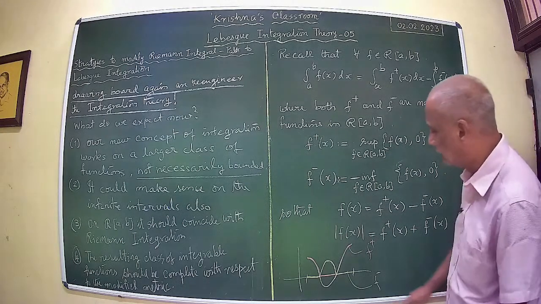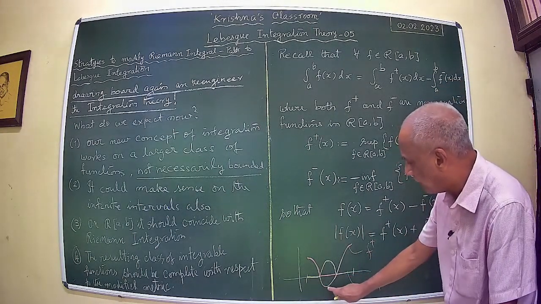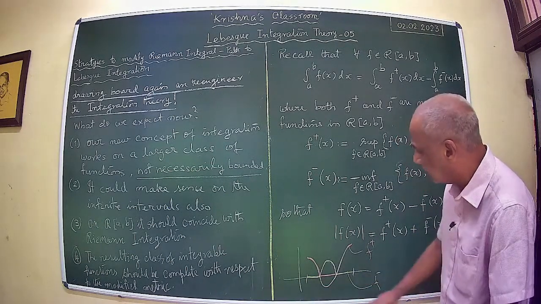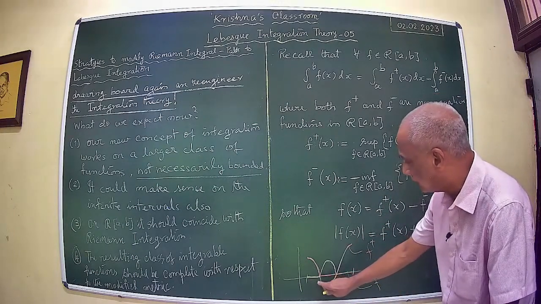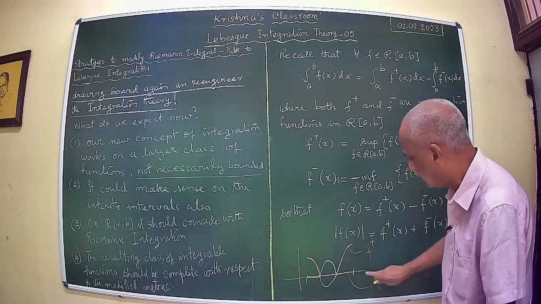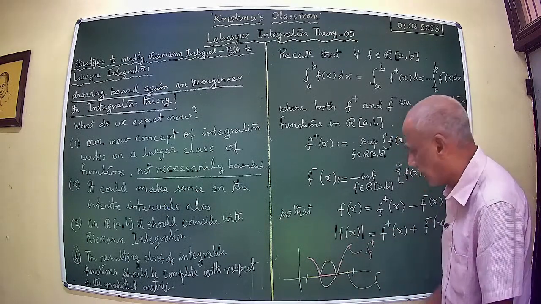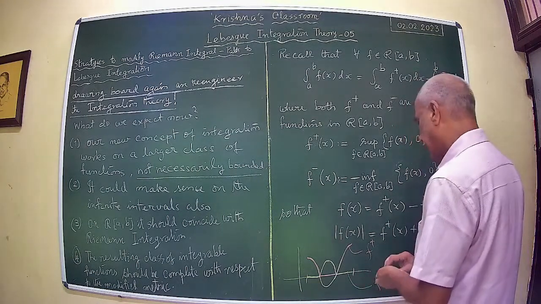So what you do is you take the minimum of f and 0, or the infimum of f and 0, which is given by this, this and this, and then you take minus of that. So that's the case. So you have f plus and f minus.